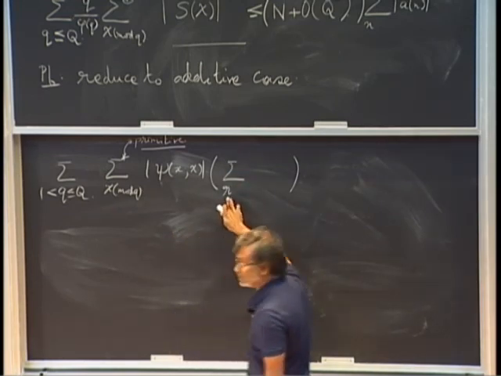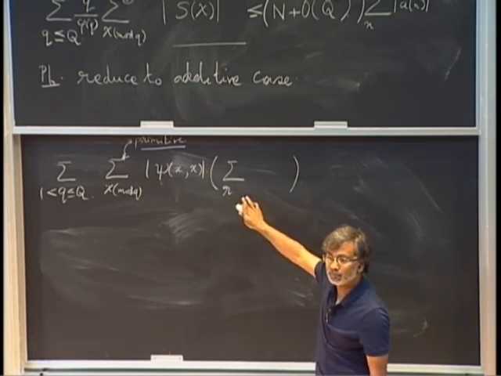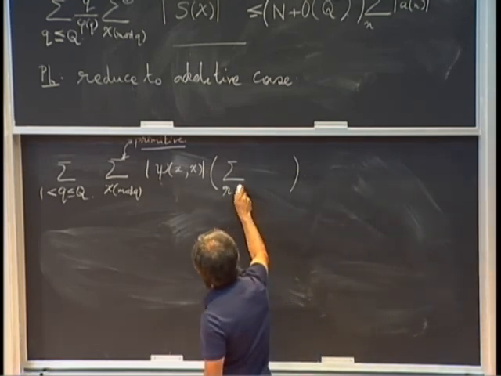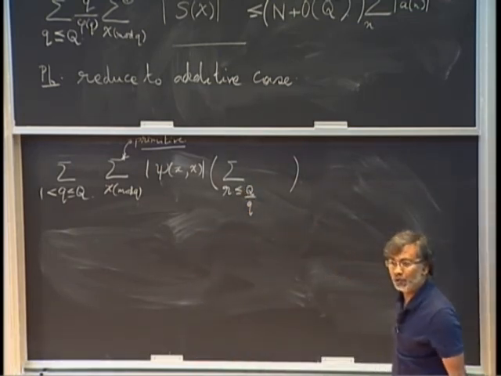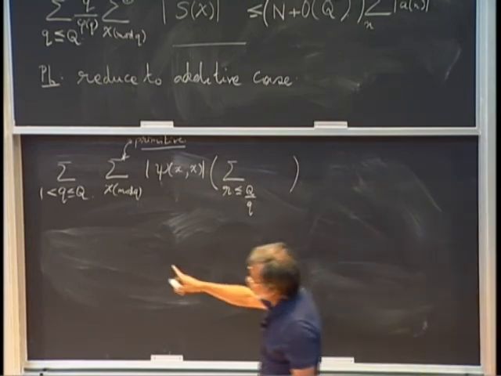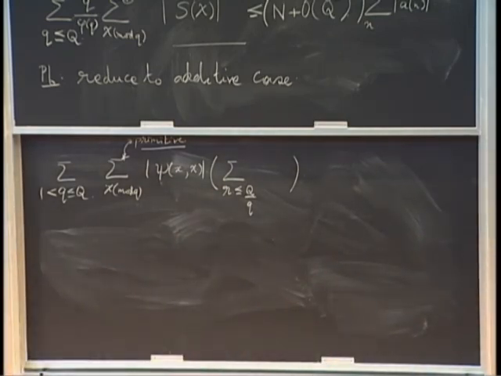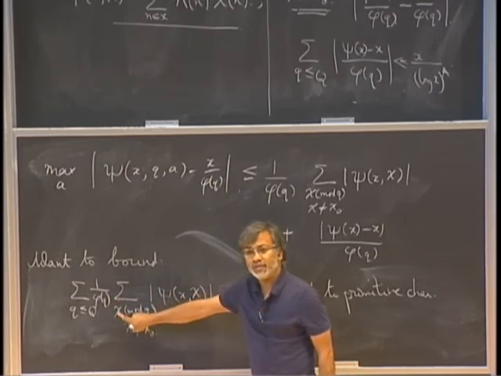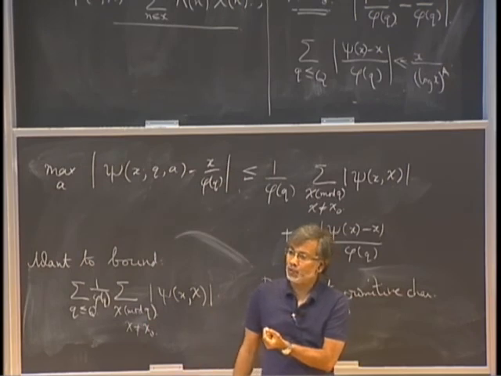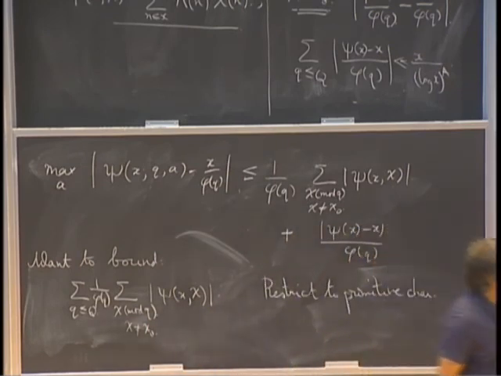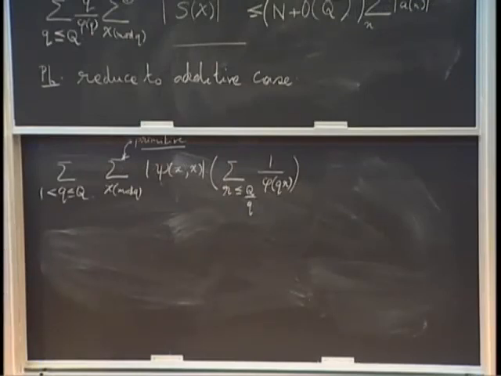I'm going to think of the ones modulo qr. What should r go up to? Well, qr should be less than capital Q, so r goes up to Q over q. And then what I'm counting here is the weight 1 over phi of q. So when it appears as a character mod qr, it will be counted with the weight 1 over phi of qr. So this here would be 1 over phi of qr.